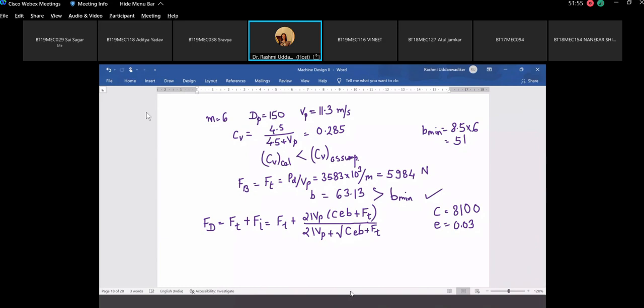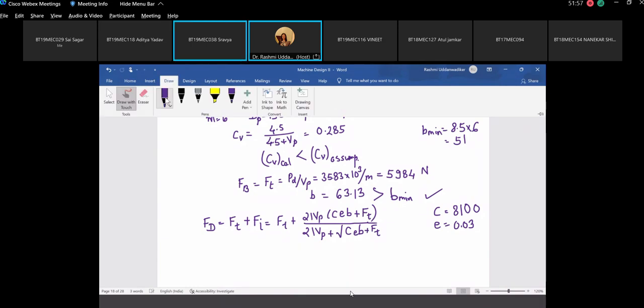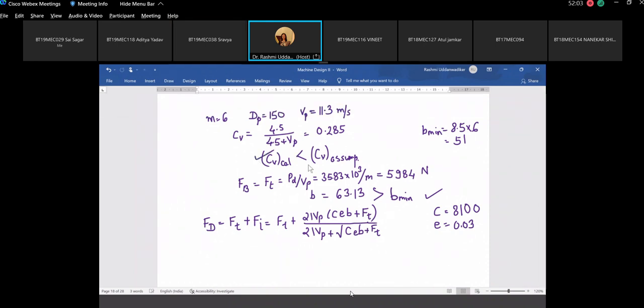Ma'am, do we substitute CV as 0.3 or 0.285? Now this value, the calculated value. Okay. Earlier we were not knowing what is the value of CV, so we assumed 0.3. But now that we know, we go with this calculated value. So ma'am, FB is going to change. Yes. 233 m square is not matching with the FT. Like we are not considering that, right?